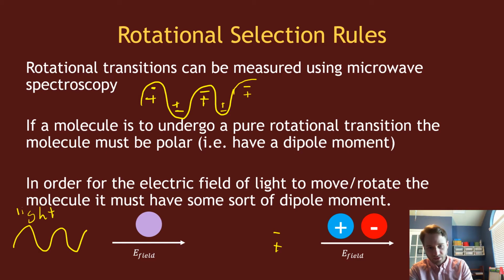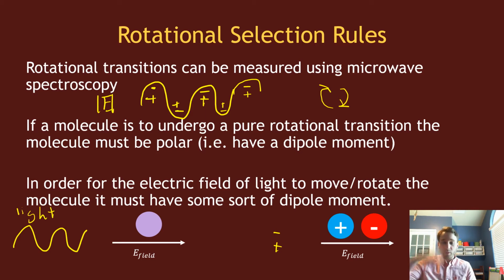And so this is your electric field from your light. As that electric field is oscillating up and down, it's causing the molecule to rotate with that electric field, because as the electric field is moving up and down, the positive or negative end of the molecule wants to move according to that electric field. And so this is going to cause your dipole to start rotating around and around with this electric field. It'll rotate at whatever frequency that light is at.